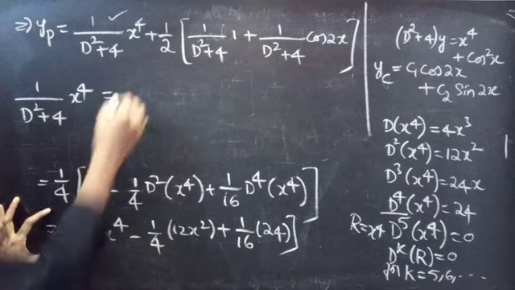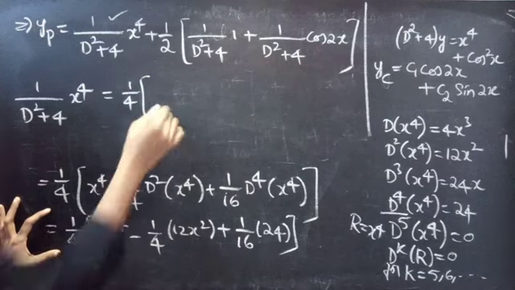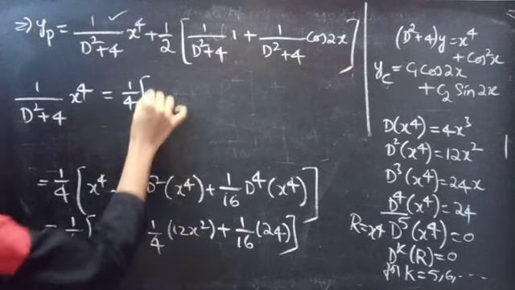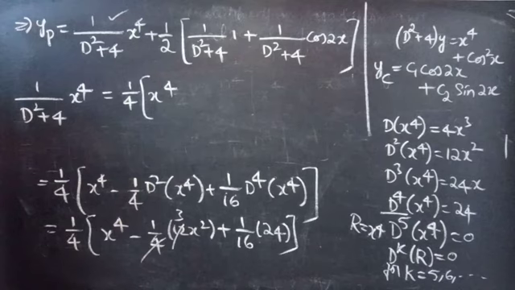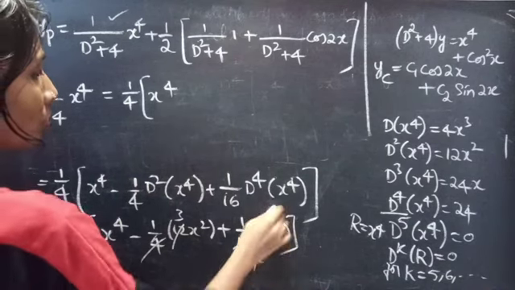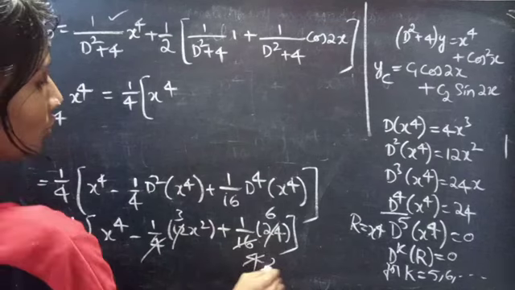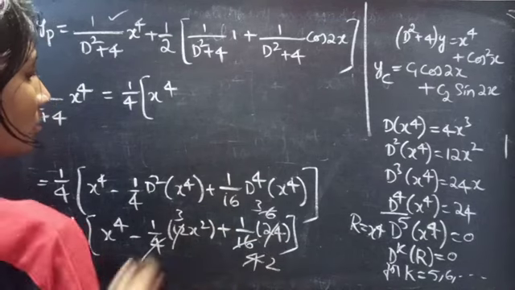This becomes 1 by 4 into x power 4. 4 ones are 4, 4 threes are 12, right? 4 fours are 16, 4 sixes are 24, 2 twos are 4, 2 threes are 6.